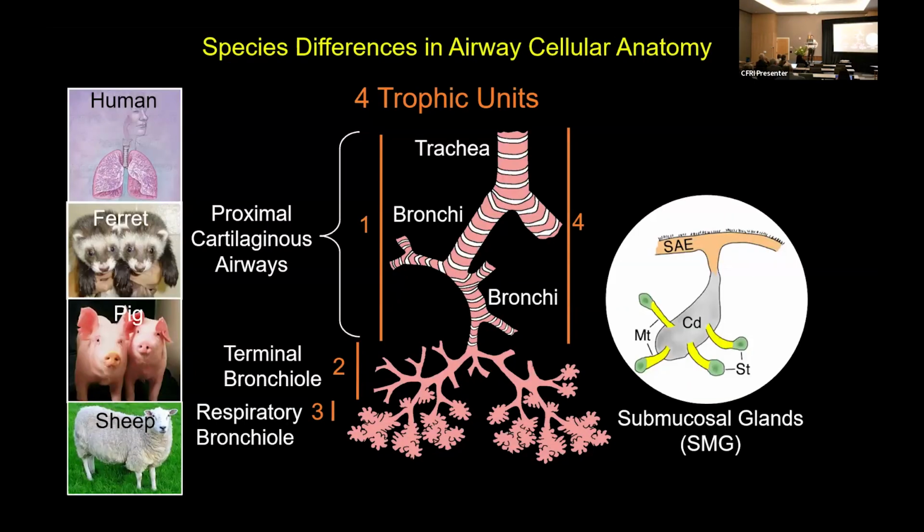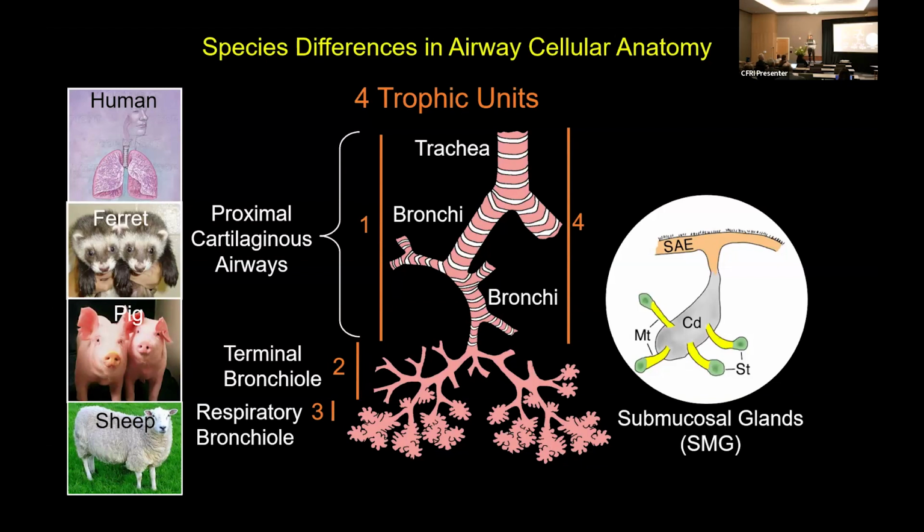To study cystic fibrosis and CFTR, it really involves both human patients and animal models. We are very lucky to have different animal models in the field to study CF, like ferret, pig, and sheep. The airway cellular anatomy is quite different across species.